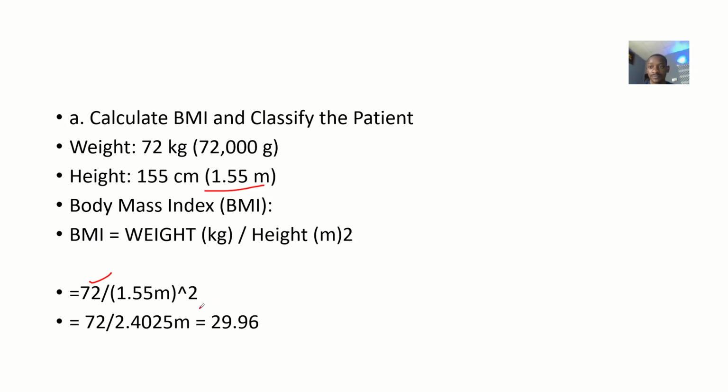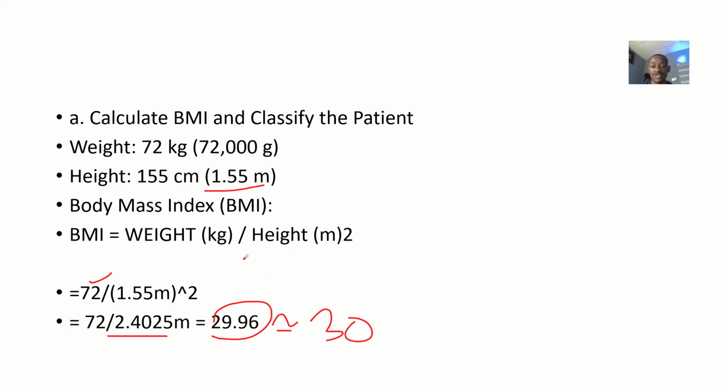The height is 1.55 meters. You square 1.55 meters, it gives you 2.4025 square meters. So it's now 72 divided by that, which gives you 29.96. If you approximate it, it's 30.